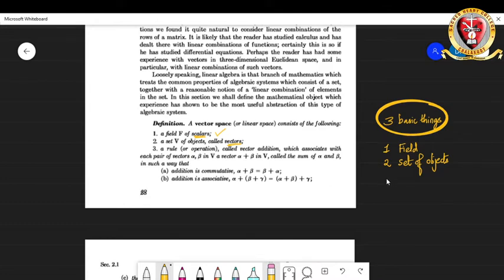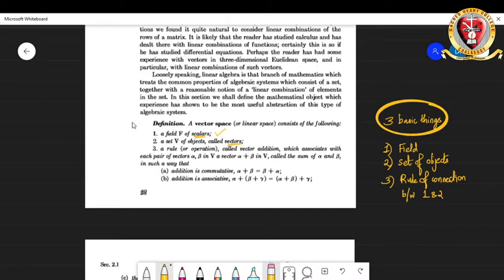And the third thing is the rule of connection between one and two. So you have a field of scalars, constants, then a set of objects called vectors, and the third is a rule which connects these scalars and vectors together so that you can form a structure which has some connection to each other inside.